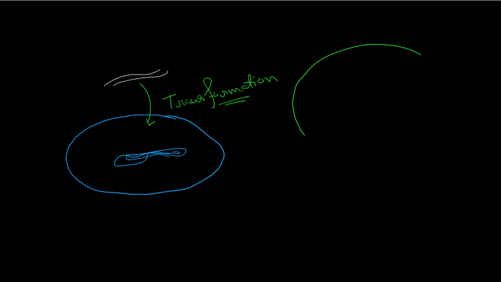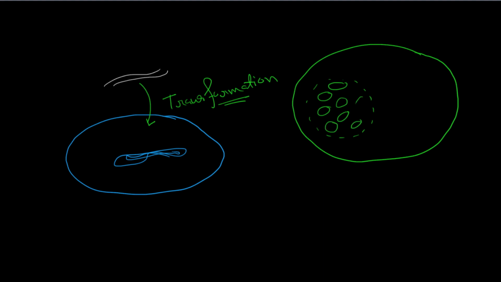So for example, if this is a petri dish and this contains a colony of bacteria, there will be lots and lots of bacteria in this colony.